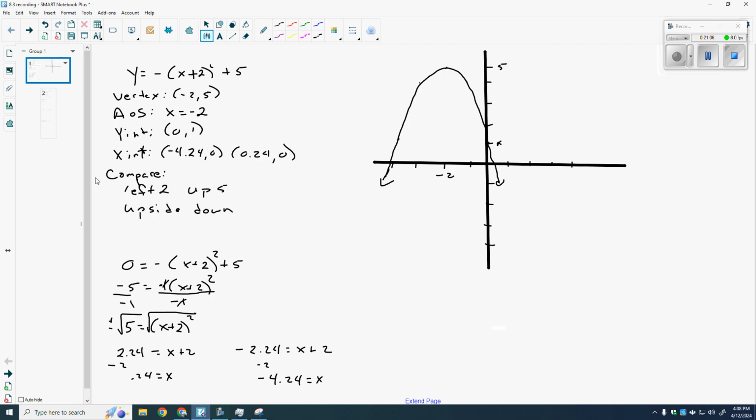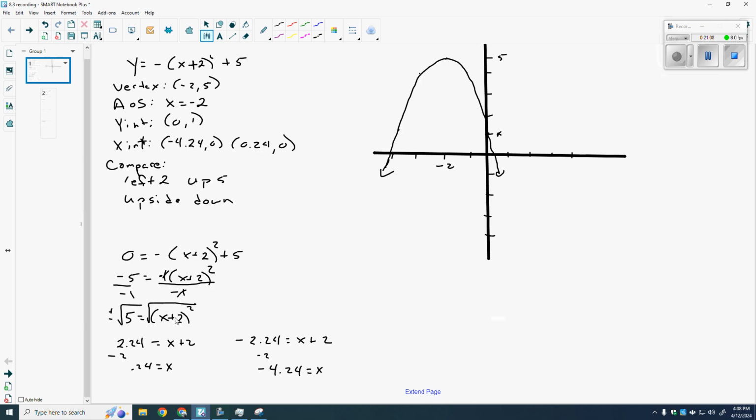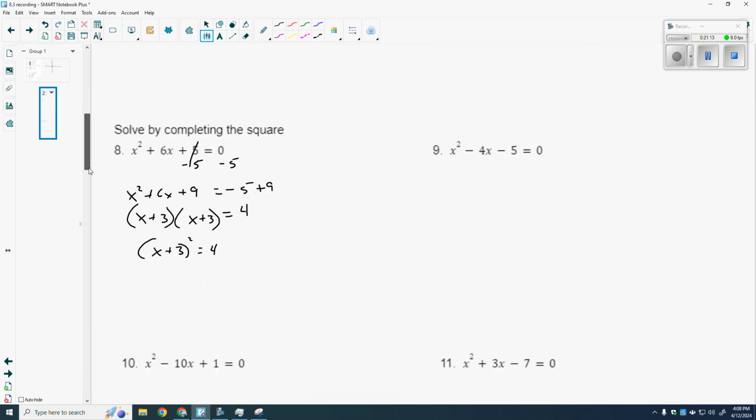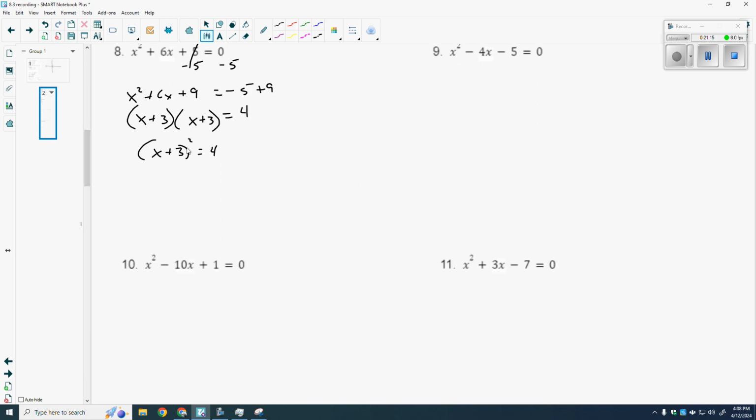And we're right back to what we did over here, right? Remember when we solved this thing? We solved by square rooting both sides. Same problem. We're right back to solving. How do I get rid of a square? I square root. And what I do to one side, I have to do the other. And when I square root a square, I generate the plus and the minus.